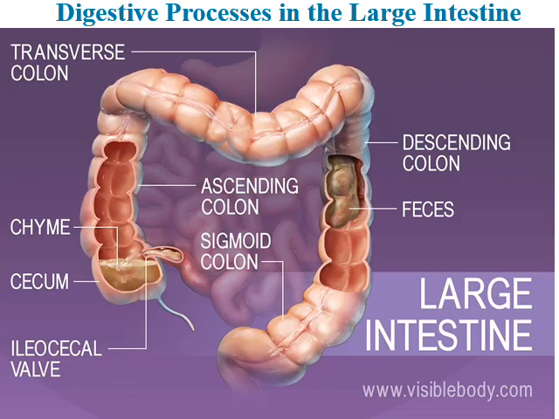So let's take a look at the digestive process in the large intestine. The residue remains in the large intestine for an additional 12 to 24 hours. So the undigested particles stay in the large intestine and are going to be processed there.